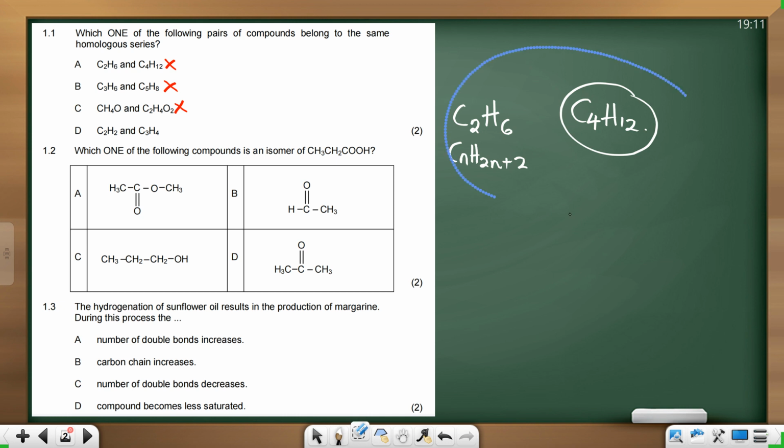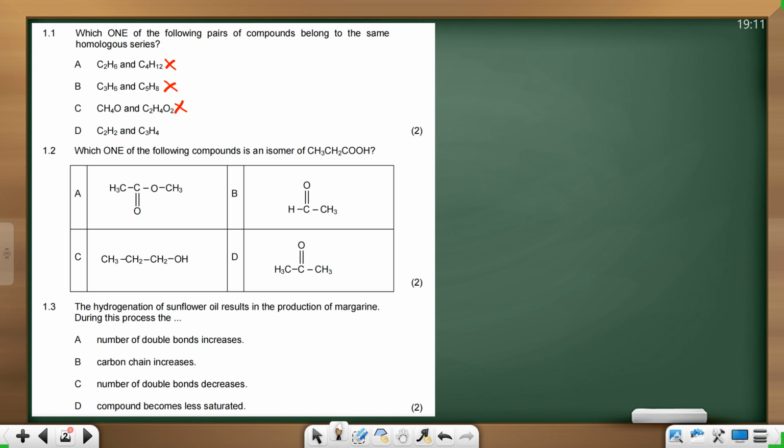And let's check if D is the correct answer. We have C2H2 and C3H4. That's correct. CnH2n minus 2 would work for both of them. So a homologous series must have the same general formula. Do you want to tell me if this is an alkane, an alkene, or an alkyne?